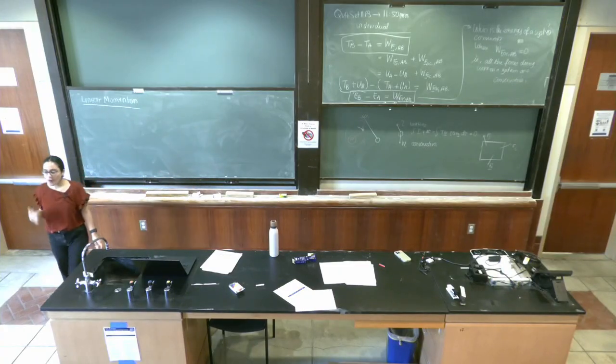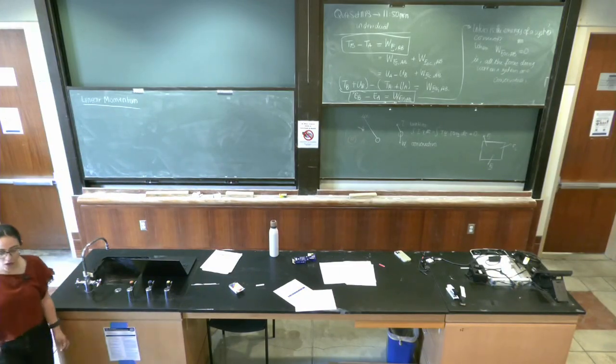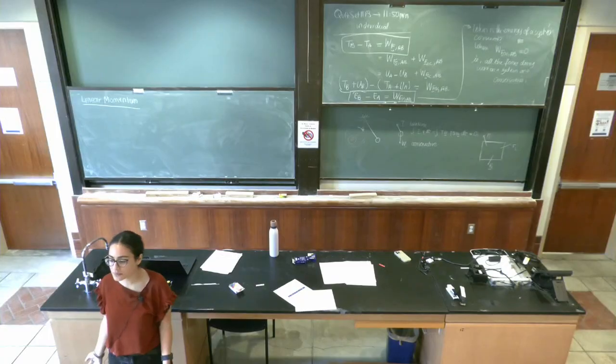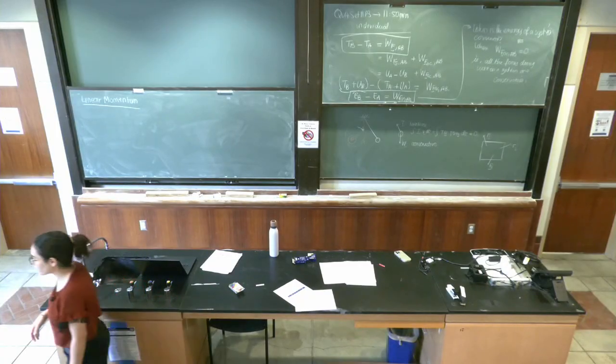If we have a particle of mass m traveling with a velocity v, what is its linear momentum? G is equal to mv.